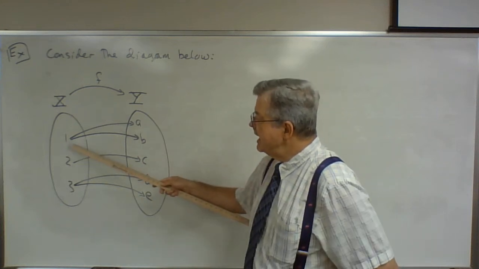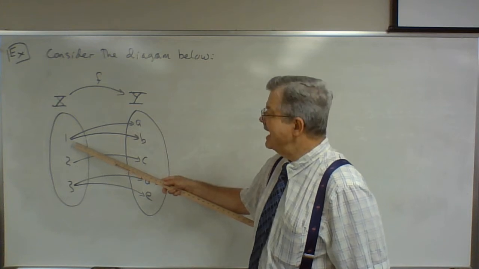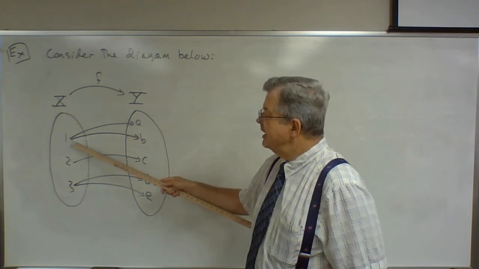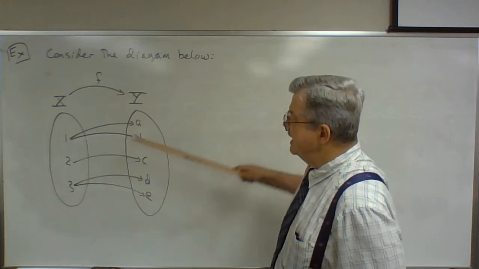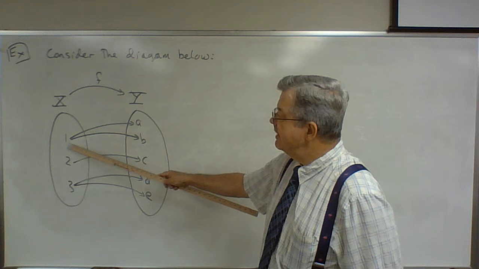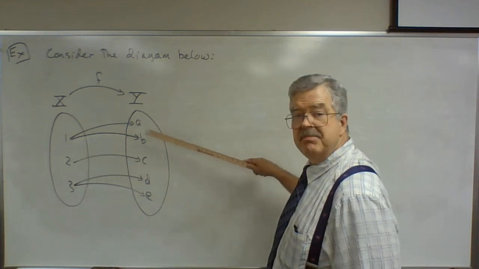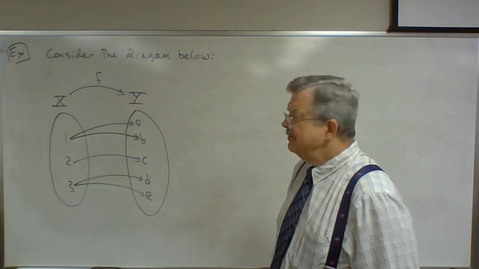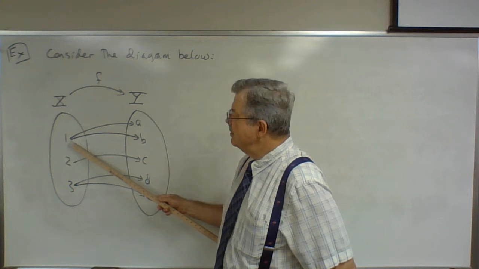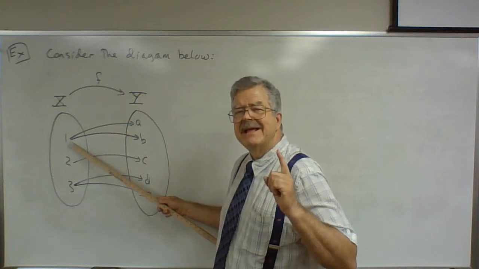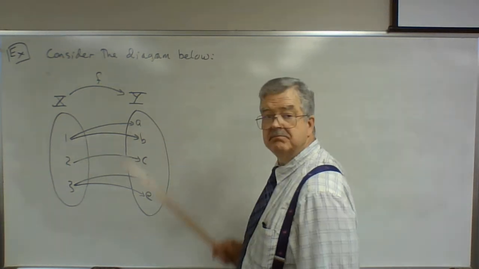We have the element 1 in set X. And this element 1 is assigned two elements from set Y. Element 1 in set X is assigned both element A and element B in set Y. So can we truthfully say that the element 1 in set X is assigned exactly one element from set Y?